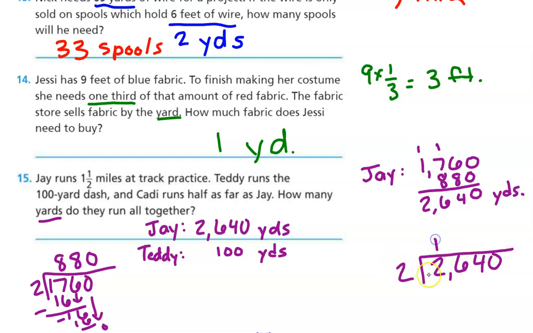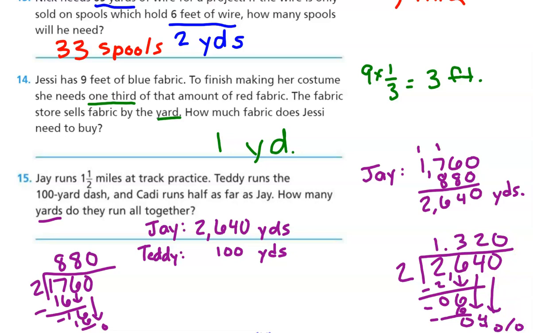So 2 goes into 2 once. 2 goes into 6 3 times. And then 2 goes into 4 2 times. These are pretty easy division problems, actually. And then that would be nothing. So that means that Katie was able to travel 1,320 yards.